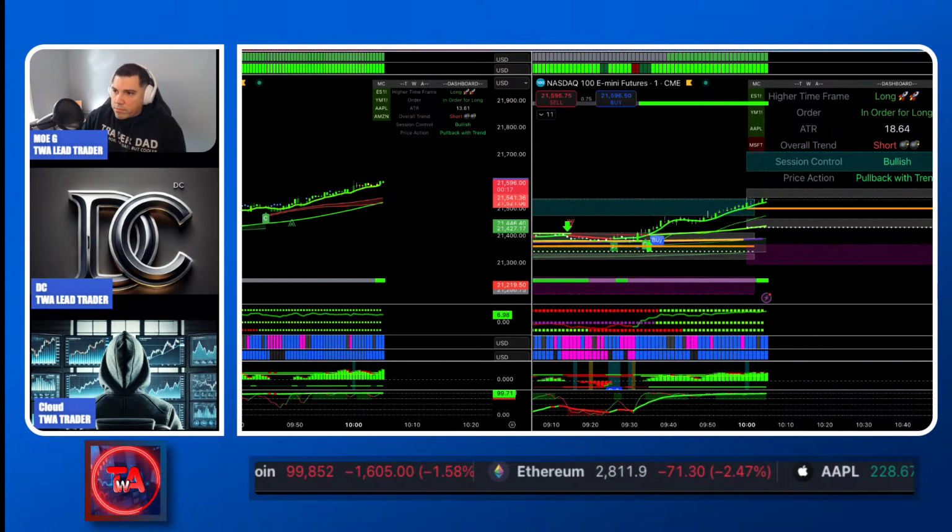Nasdaq's at 600. I'm moving my stops up. I don't really care, but I do want to get 200 points on at least one micro. Just my trade from last night that I'm still in. I may post it in the Discord just to show you guys the power of 10 micros.